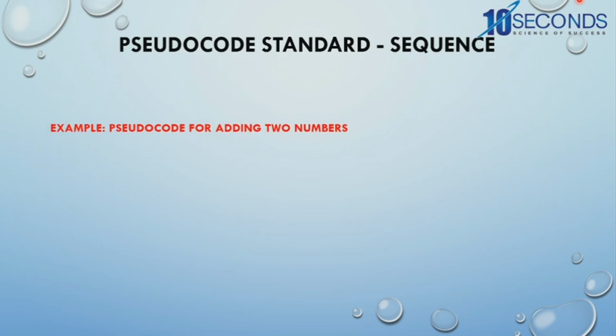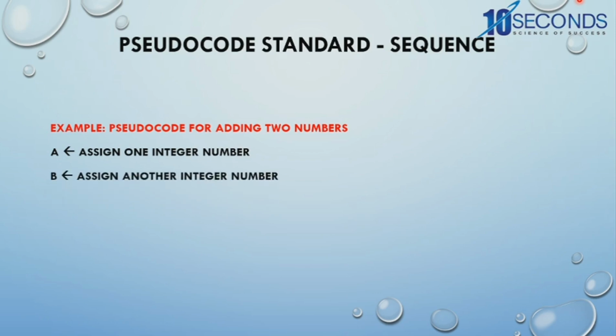As an example, we will see pseudocode for adding two numbers. Here I take one variable, a. Don't go for declaration of variables like int a, b, otherwise there is absolutely no difference between pseudocode and the program. Just take the variable directly: a assign one integer number and b assign another integer number.